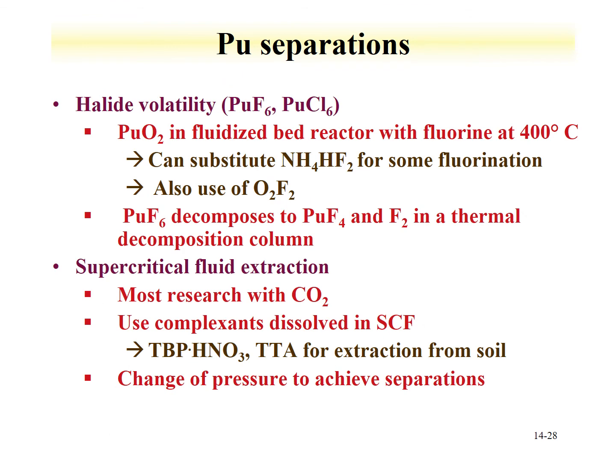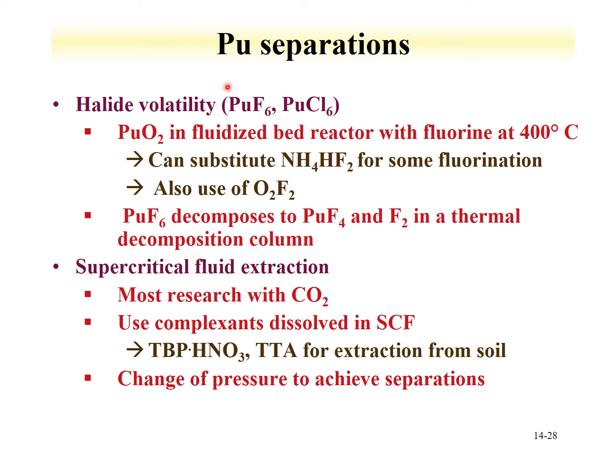Like uranium hexafluoride and uranium hexachloride, the plutonium fluoride and chloride hexavalent species are also volatile. And this can be used for plutonium-based separation. As an example shown here, plutonium dioxide is placed into a fluidized bed reactor with fluorine at 400 degrees. Other fluorinating agents, for instance ammonium bifluoride or this fluorinating compound, can also be used as opposed to just fluorine gas.